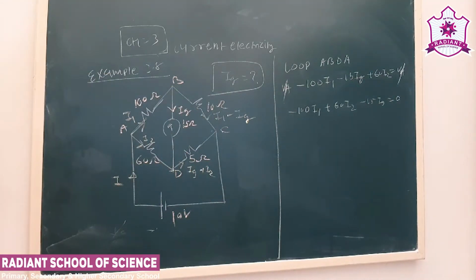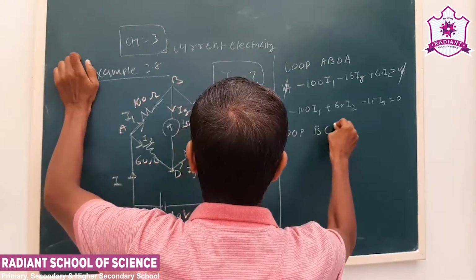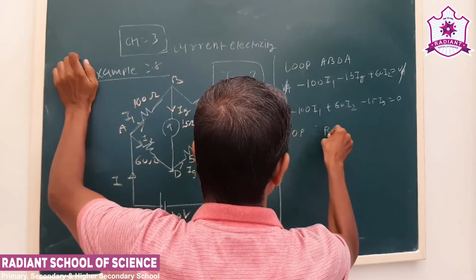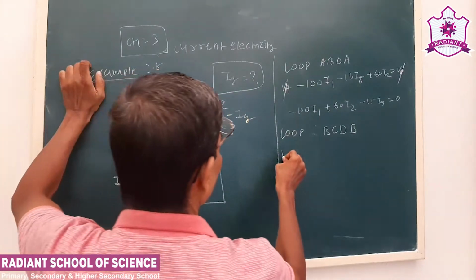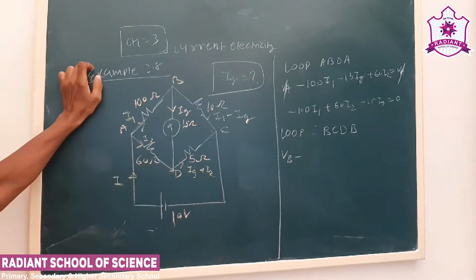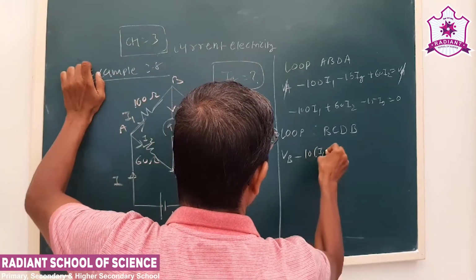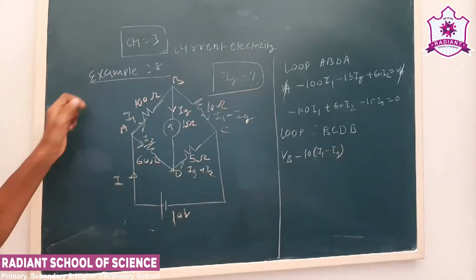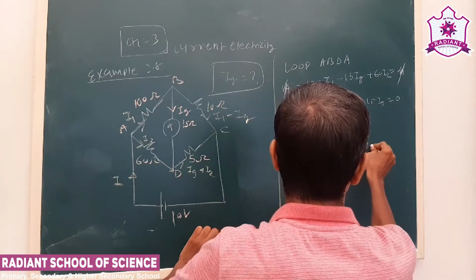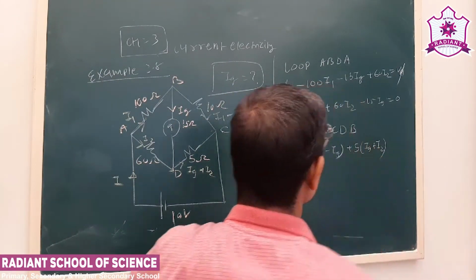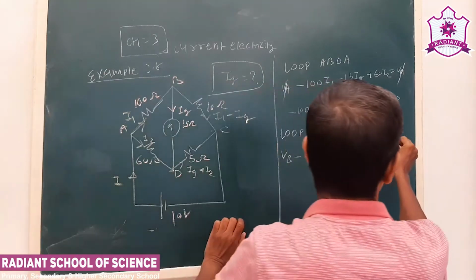Now similarly loop BCDB. We start from B, that is VB, minus the BC part, minus 10 times I1 minus Ig. In CD the current is Ig plus I2. DA we are moving in the opposite direction of the current, plus 15 Ig.